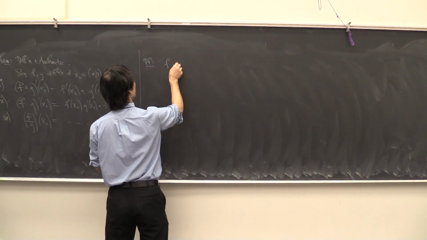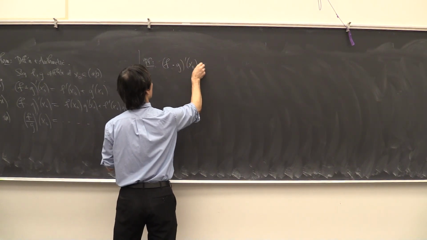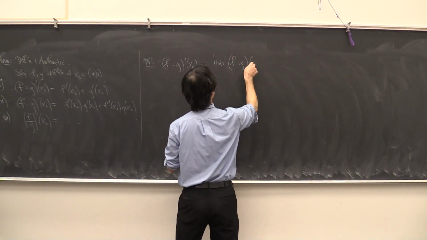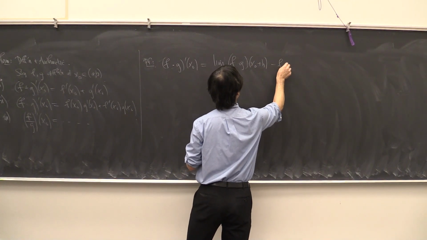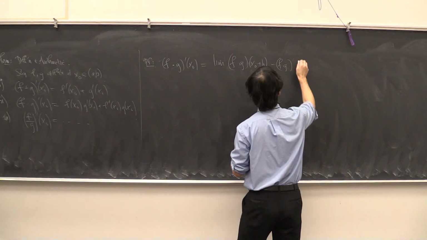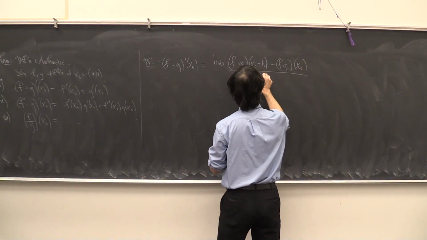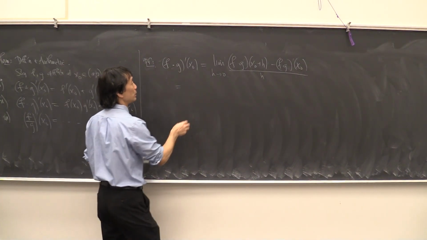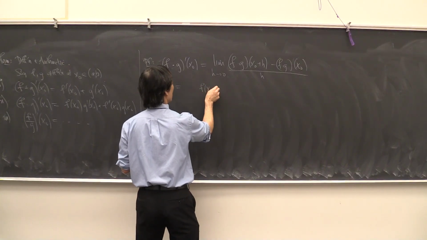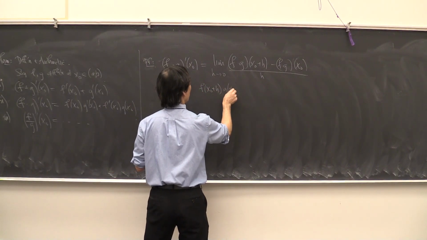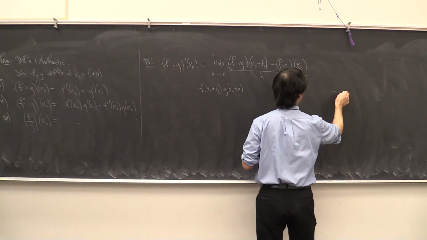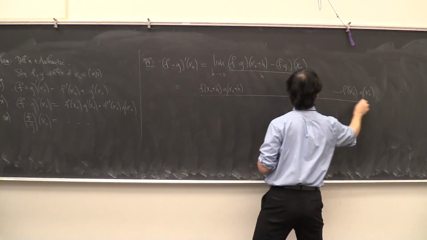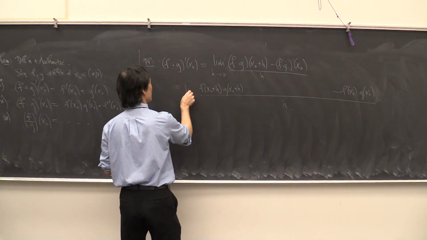The derivative at x naught is the limit of f times g at x naught plus h minus f times g at x naught over h as h approaches 0. If I write it out, that is f of x naught plus h times g of x naught plus h minus f of x naught times g of x naught, everything over h as h approaches 0.